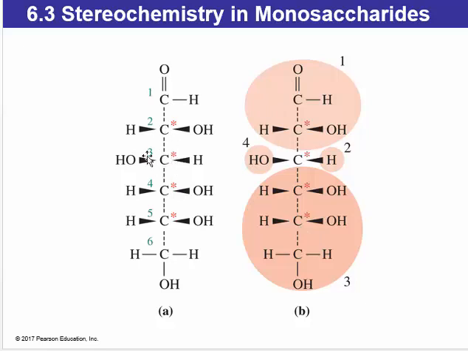So each of these groups is different, so the 3 carbon is chiral as well. And if we go through this systematically, we will see carbon 2, carbon 3, carbon 4, and carbon 5 are all chiral because they are bonded to 4 different groups. So glucose has 4 chiral centers.